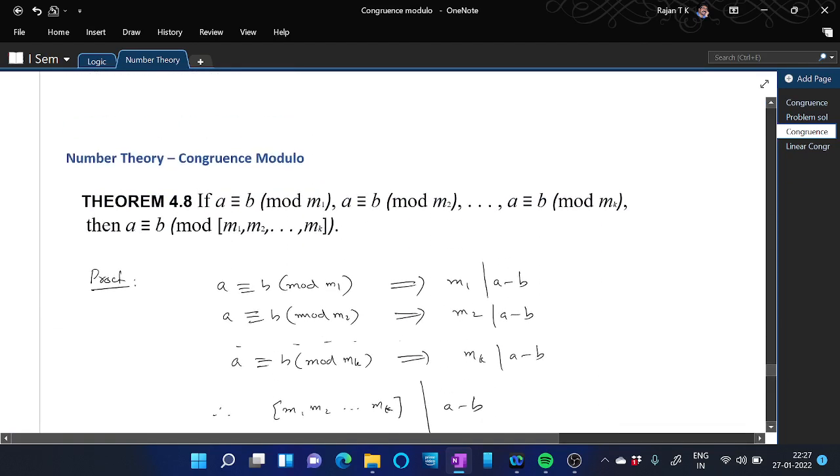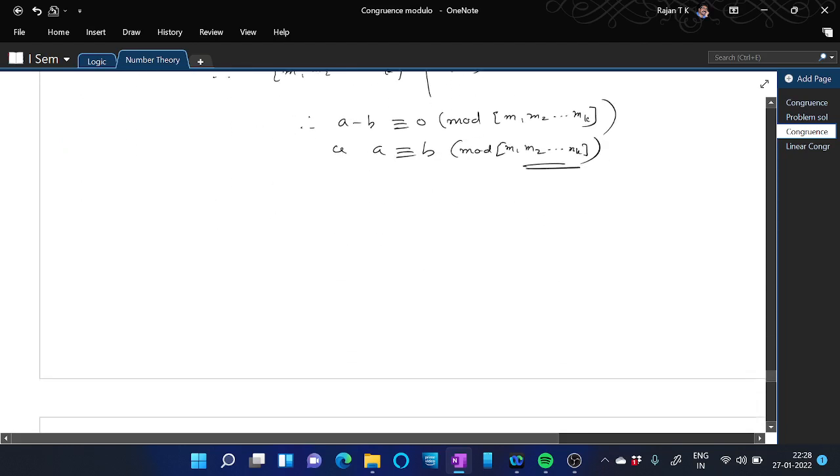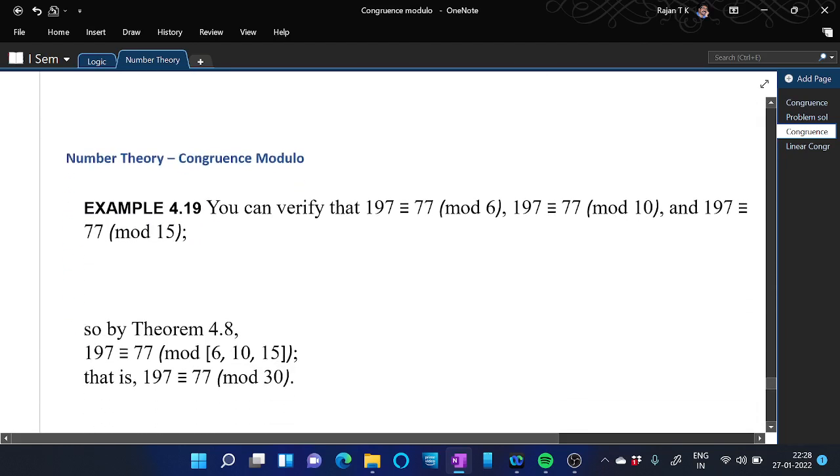So we have the result that if A is congruent to B mod M1, A is congruent to B mod M2, and so on, A is congruent to B mod Mk, then A is congruent to B mod LCM of M1, M2, etc., Mk. Now this is illustrated by this problem here.